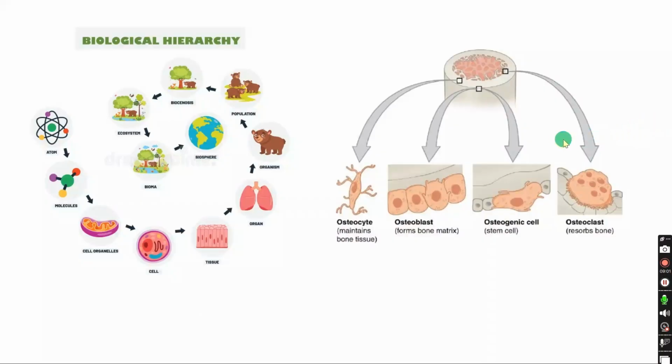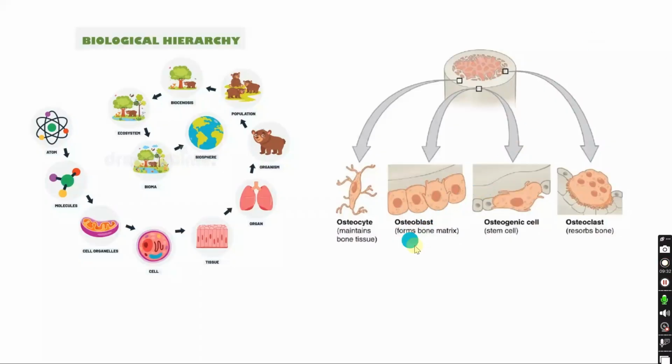Now, finally, how do cells build a whole animal? Well, through specialization. In your bones, you don't just have generic cells. You have stem cells, which are also called the osteogenic cells. We have the osteoclasts, which are the recycling cells. We have the osteoblasts, which are the building cells.